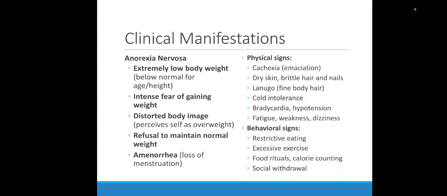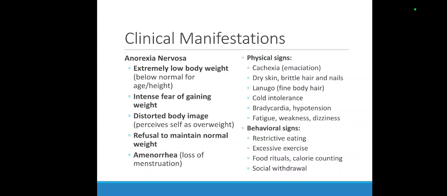So what are the clinical manifestations of these two types of eating disorders? For anorexia nervosa, this includes extreme low body weight, intense fear of gaining weight, distorted body image because they perceive themselves as overweight, refusal to maintain normal weight, and amenorrhea or lack of menses for women who experience anorexia nervosa.